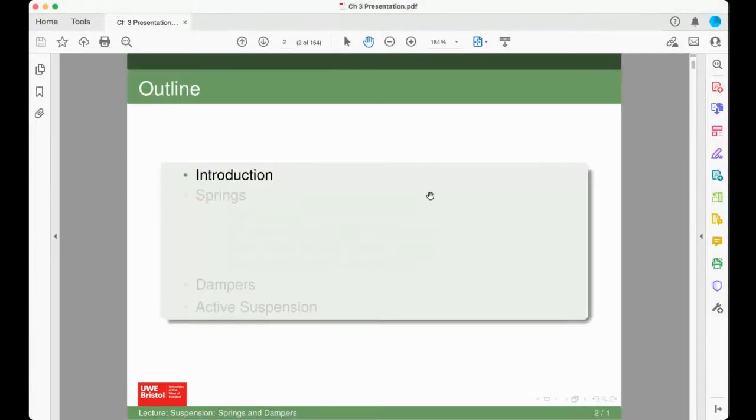Yes. Okay. So we'll start off with a little introduction. Talk about different spring types, the different ways you can get the spring action into a suspension system. We'll talk about stiffnesses and natural frequencies, which are important in terms of ride and handling.